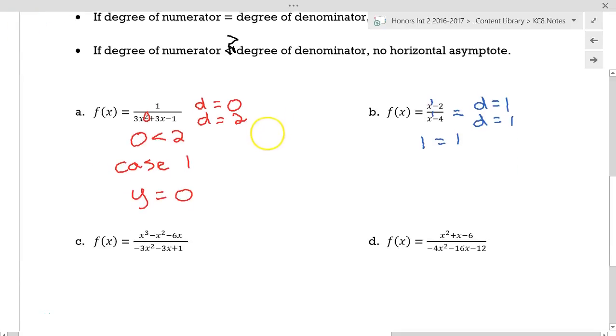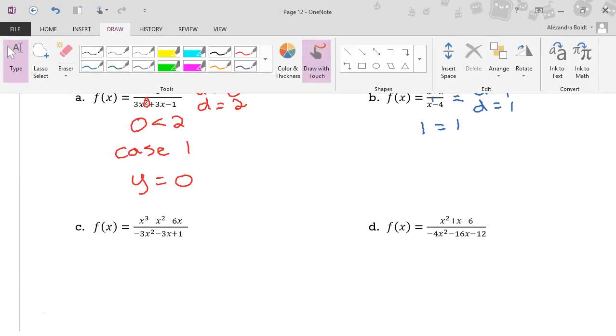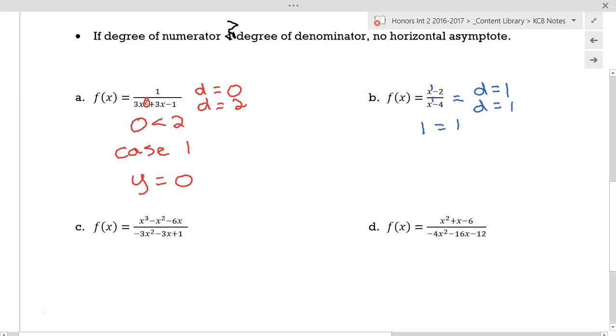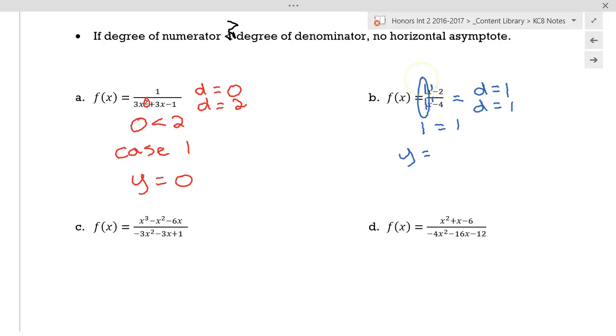My coefficient in front of this is 1, and in front of here is 1. I only care about the leading coefficient. So 1 divided by 1, y equals 1. This is case 2.